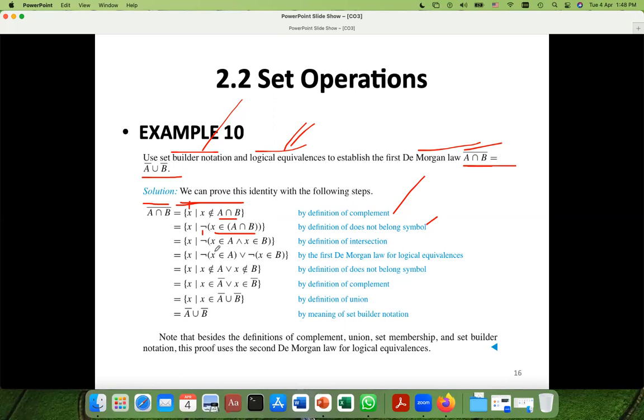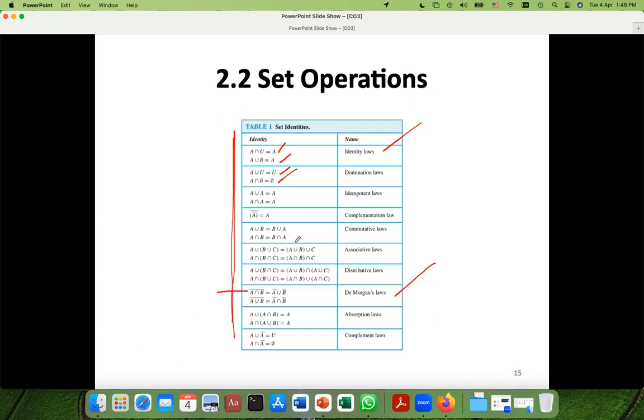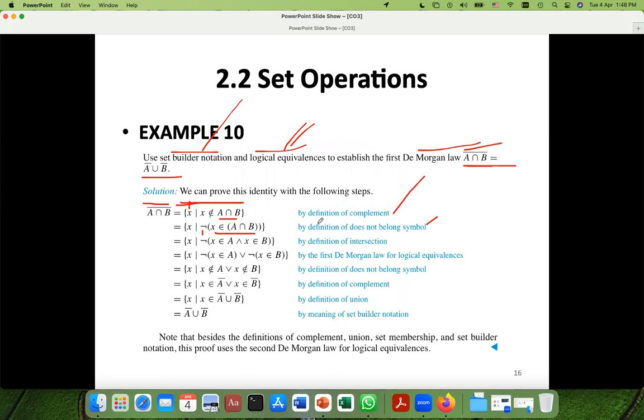And then, do we have intersection here? No. If X belongs to A intersection B, leave the negation ahead and just try to understand what it is saying.